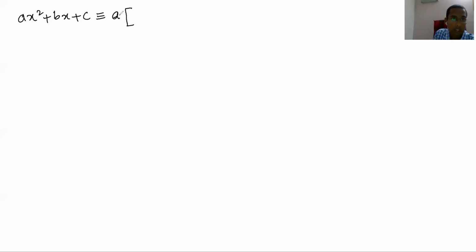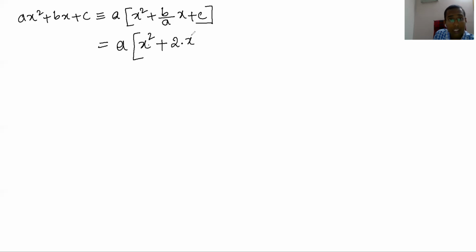This is equivalent to a into x square plus b by a x plus c by a, which is also a into x square plus 2 into x into b by 2a.